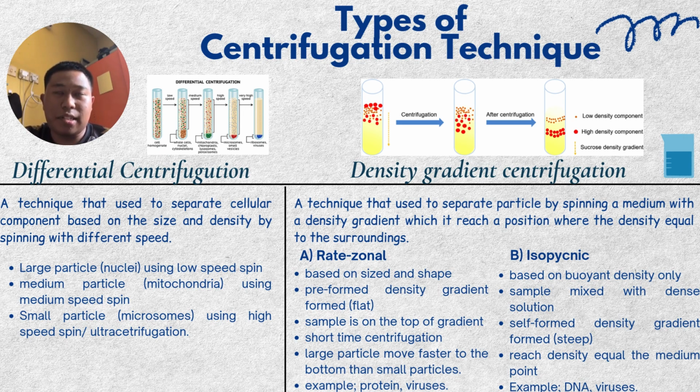For the large particle, it might have a medium density and also a large density. So it might move to the medium gradient and also to the bottom gradient. So that's all from me.